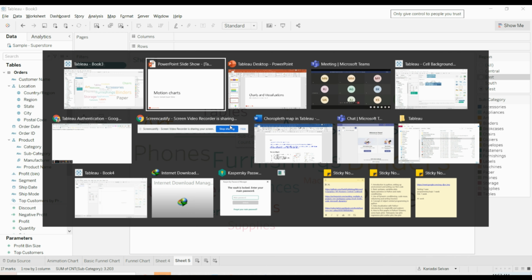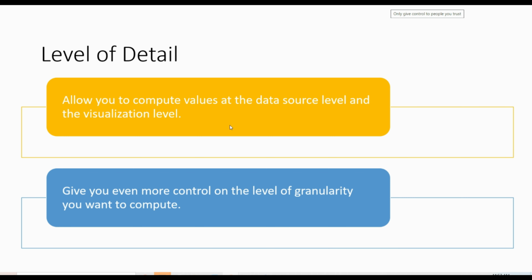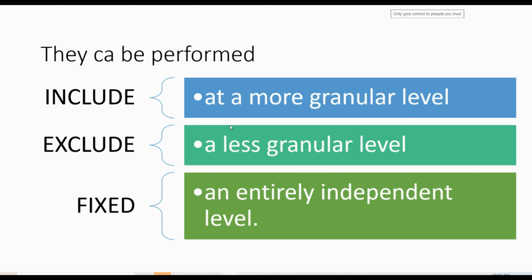The next one is calculations. As you know the basics of calculation, we have various types of calculations. One is level of detail, which allows you to compute values at the data source level. We call it LOD, that is granularity.